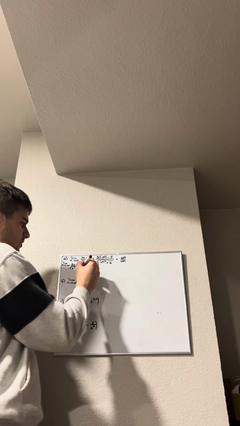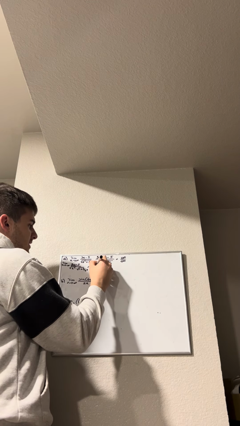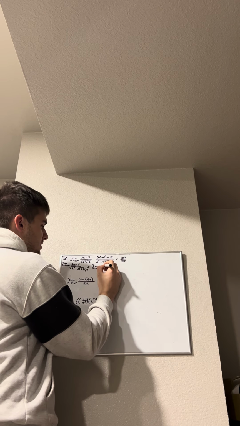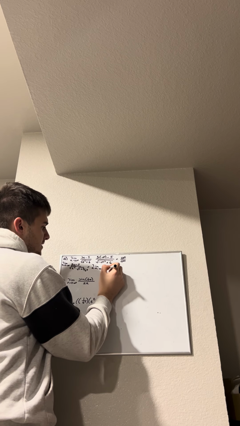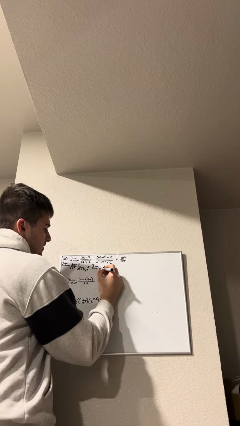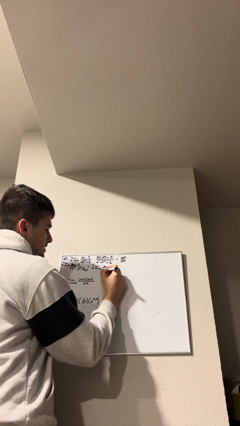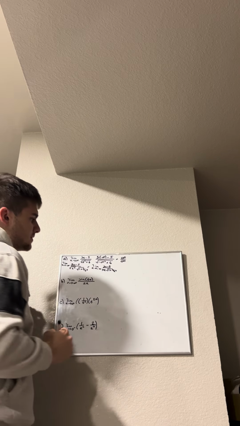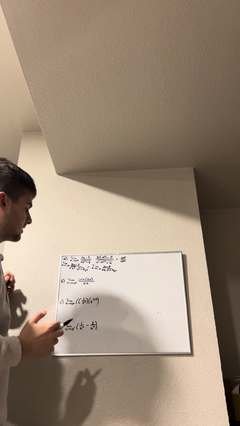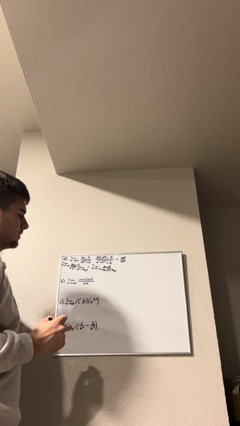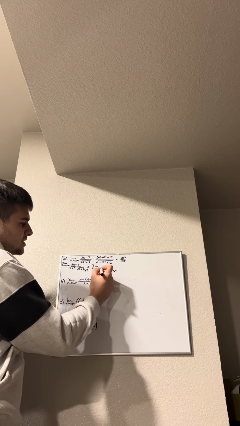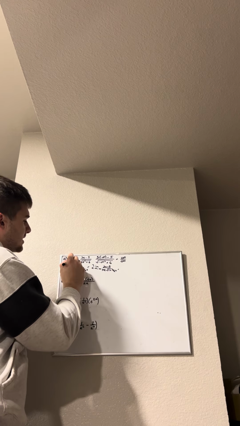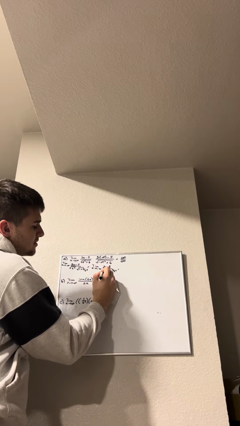Now we can rewrite it even further. We can simplify down, so we can write it as the limit x approaches negative infinity of 3x minus 5 over the absolute value of x times the square root of 1 plus 6 over x squared. Since we have the absolute value right here, we can simply rewrite this. Since x is approaching a negative, this absolute value will turn into a negative.